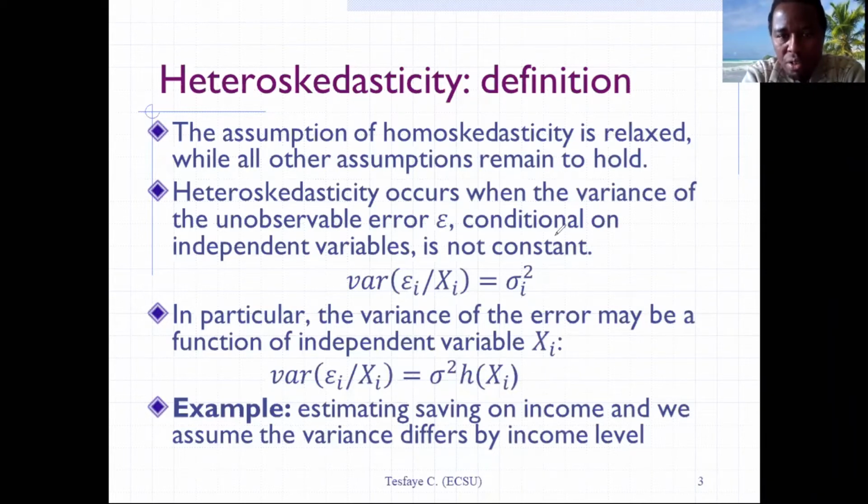What is the assumption of homoskedasticity? That is, the variance of the error term is constant for all observations. We are going to relax that assumption when there is heteroskedasticity.